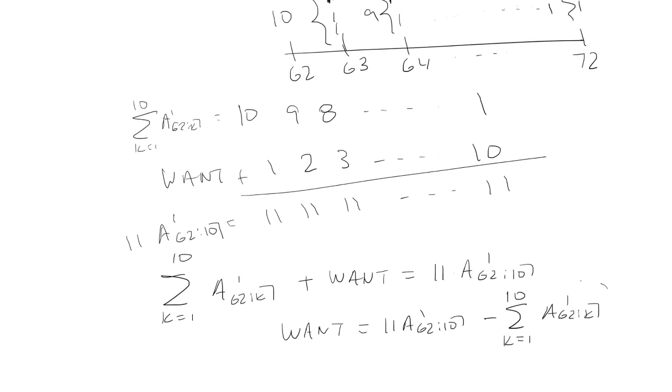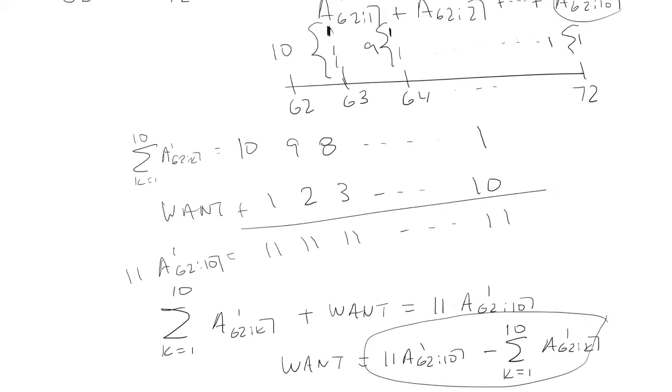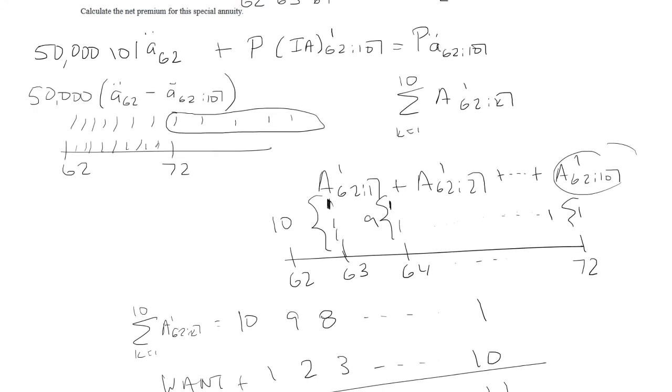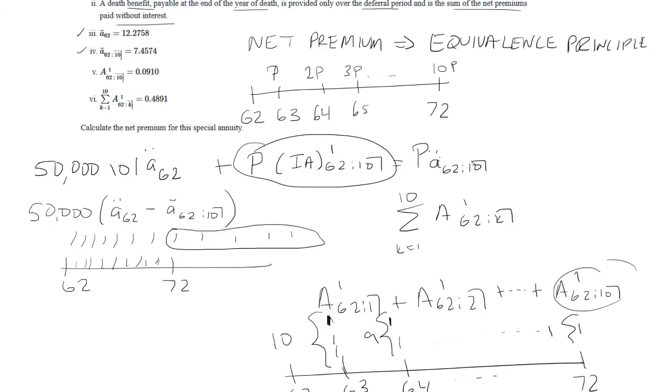So that's what we need for the above, in place of this right here. And then the annuity due at age 62 for 10 years is taken care of by this one.